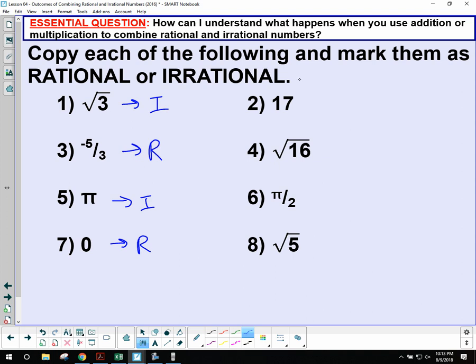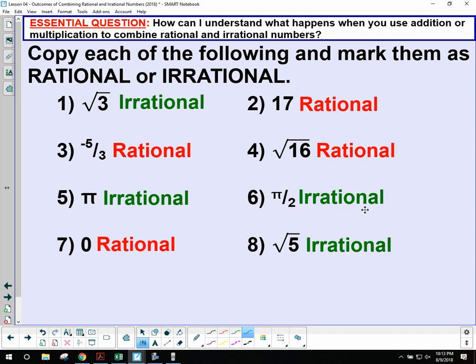Rational, rational, because square root of 16 is 4. That's irrational for that pi. And root 5, can't break that down, so this is irrational. Again, we were right.